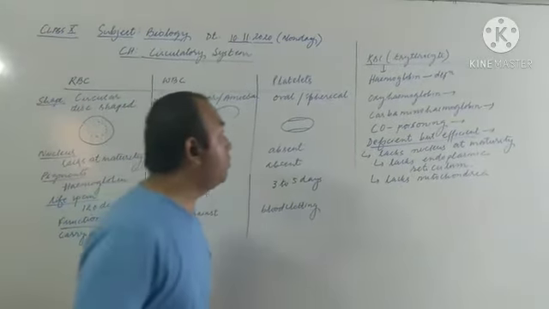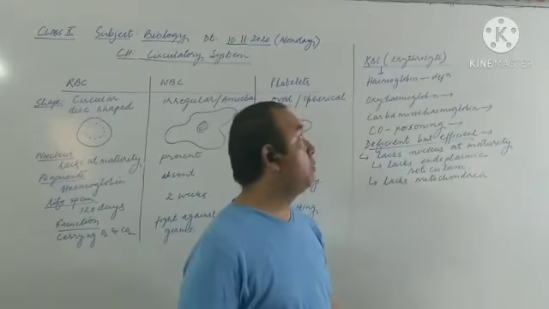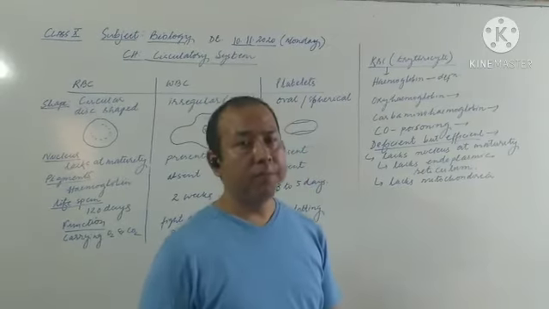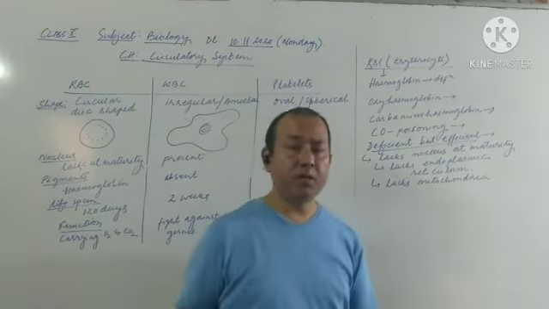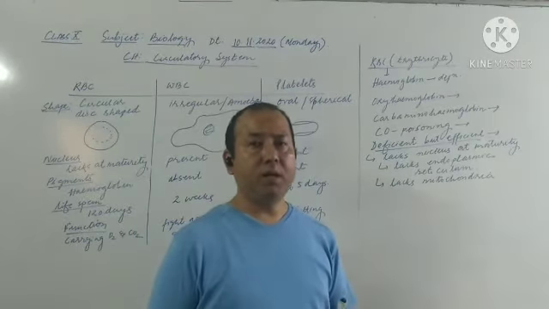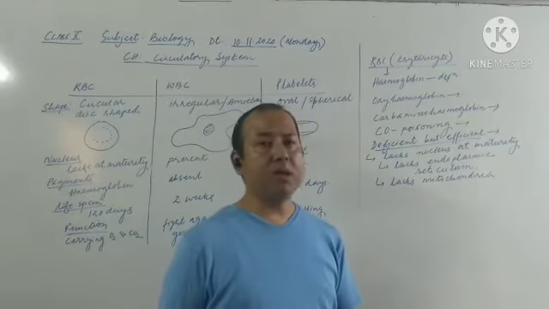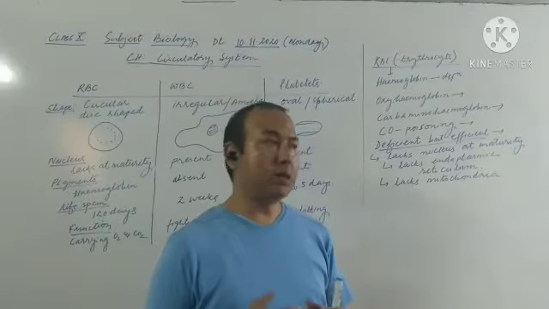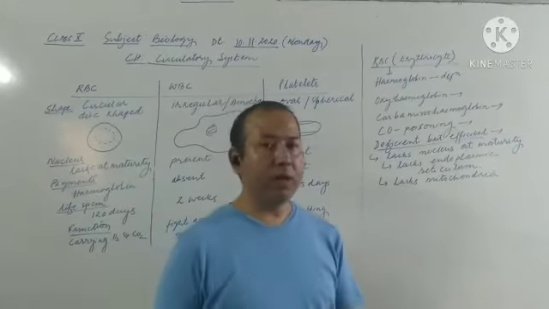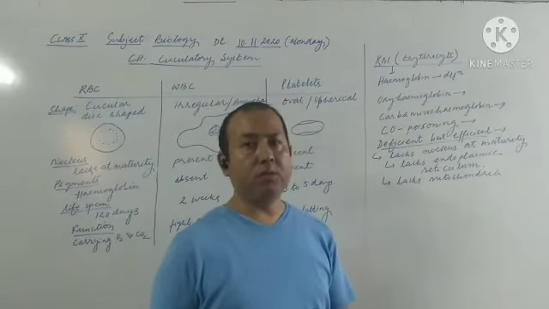Now the next topic, hemoglobin. There are still some more points to be studied under the topic RBC. RBC is also called erythrocyte. As I told you, it consists of the red pigment called hemoglobin. In hemoglobin, the first part, hemi, means iron, and globin represents the protein. So hemoglobin is a combination of iron and protein, which is responsible for carrying oxygen and carbon dioxide. When we inhale oxygen, that oxygen in the lungs diffuses into the blood.